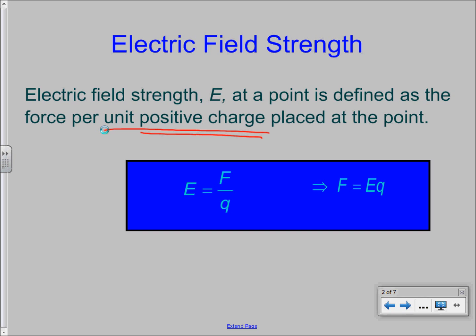Gravitational fields are simply force per unit mass, but in the case of electric charge we've got both positive and negative charges, so we need to be specific about direction, and that's taken into account by saying force per unit positive charge. So we have our definition, E equals F over Q, from which we get F equals EQ, in newtons per coulomb.